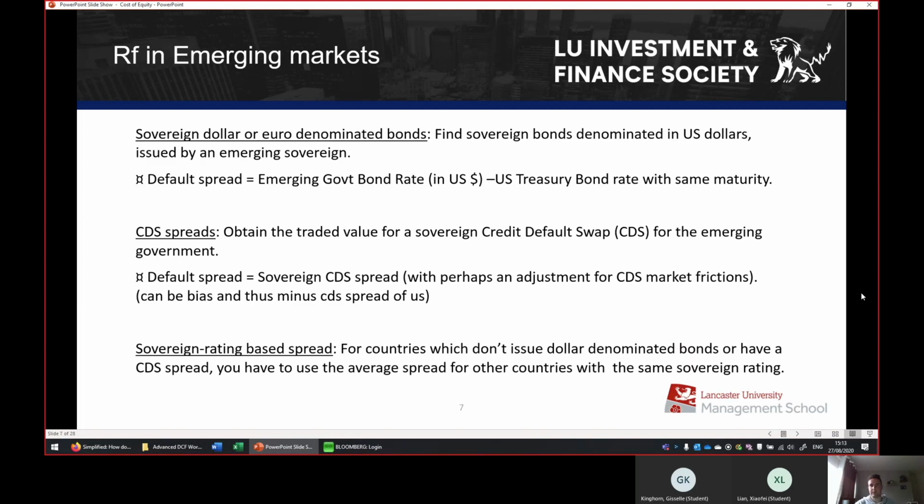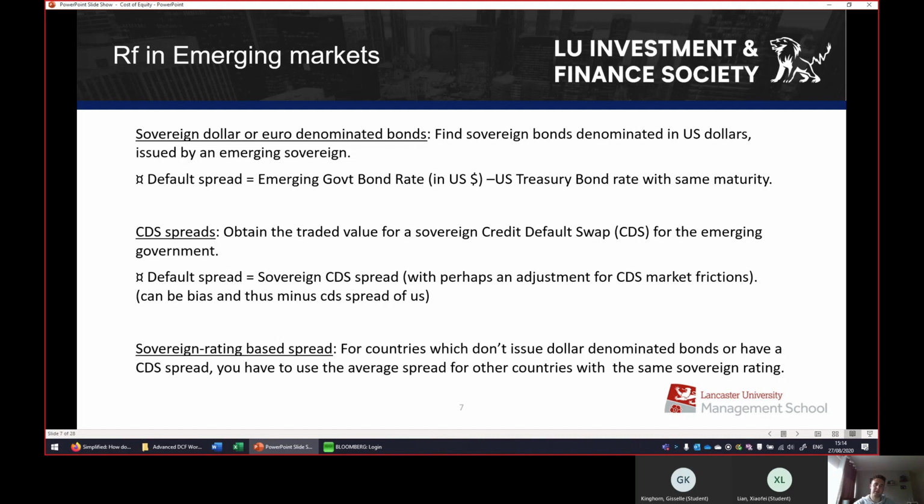Now, there are more complicated questions here, which we're going to complete in terms of emerging markets. Okay, as I mentioned before, for example, with Argentina, there's not really a secure government bond that we can use because they are very likely to default.